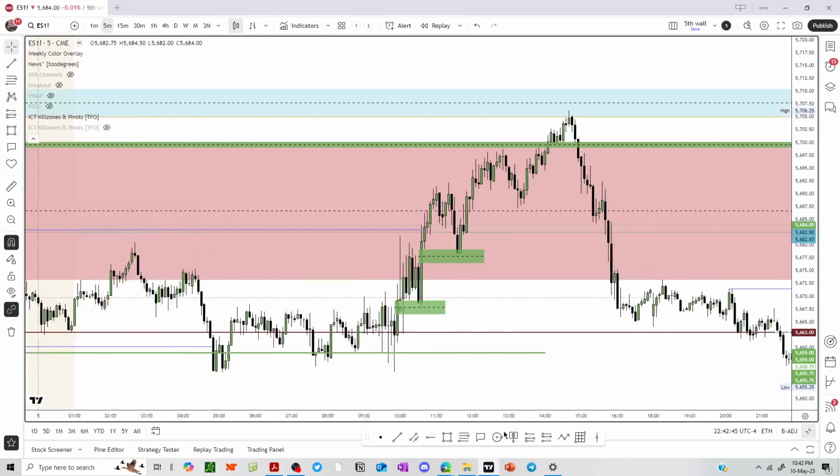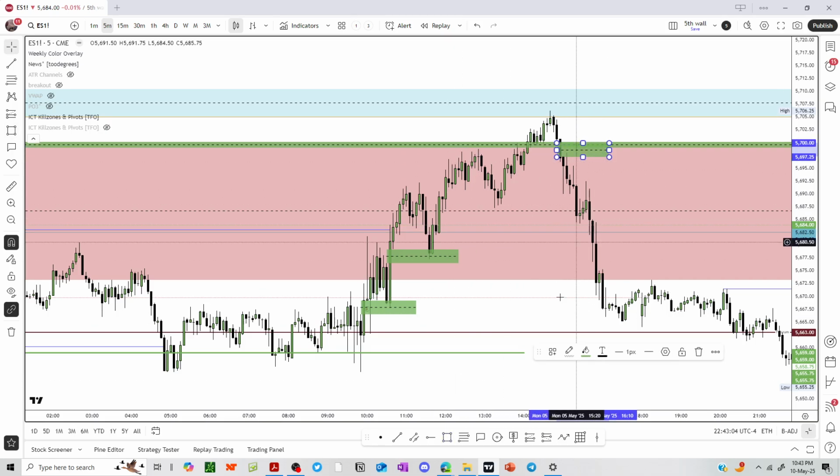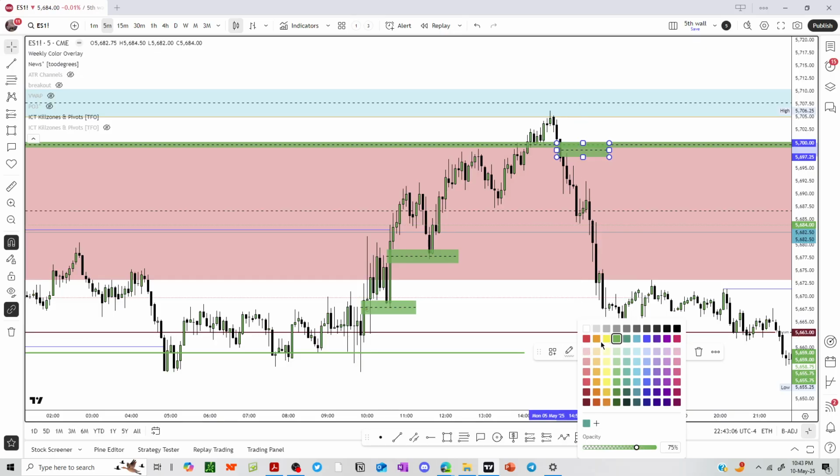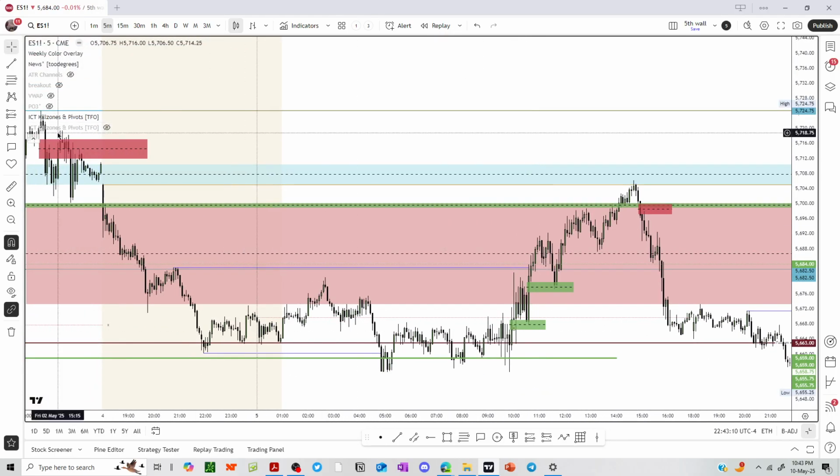You see how it was significant here because it held price and then it stabbed into that volume imbalance, and that's when it dropped. Then you have a run on stops. Then you have a retracement into this imbalance here. Right? All right, so let's get back into the theory.